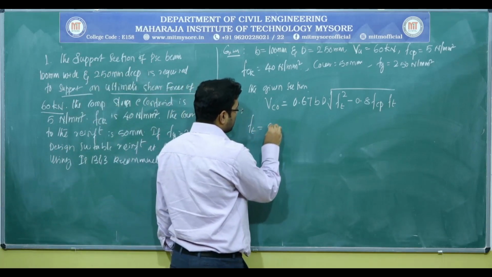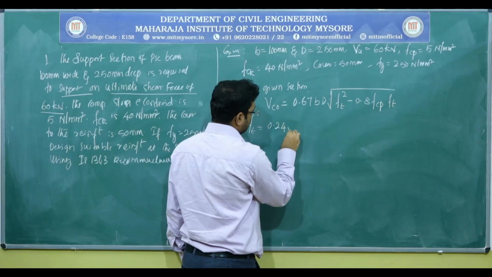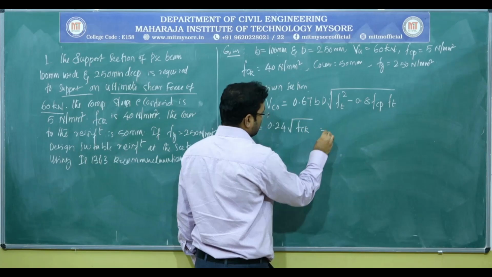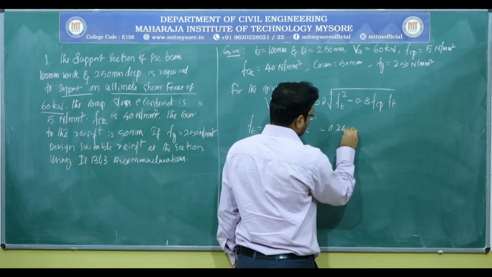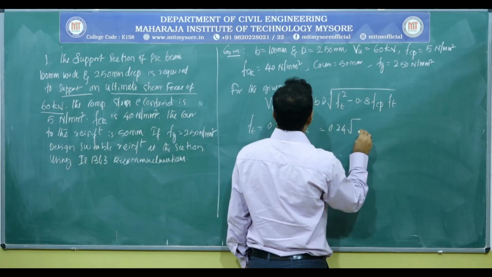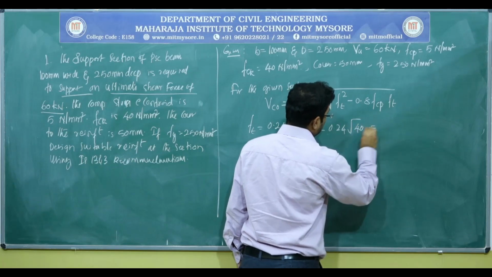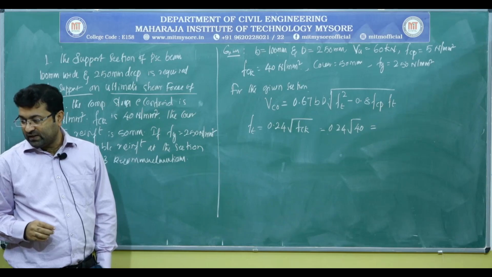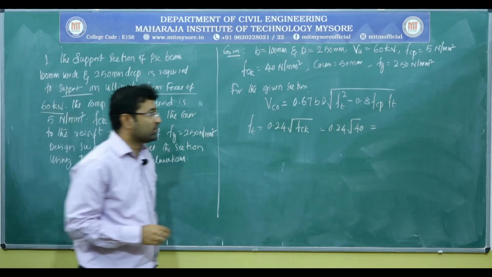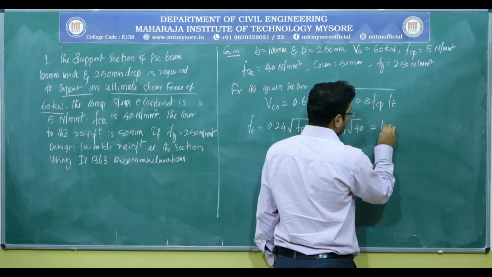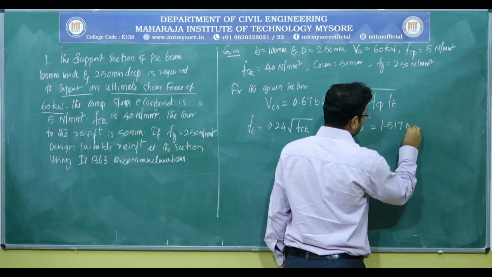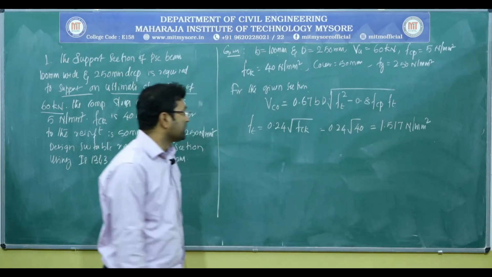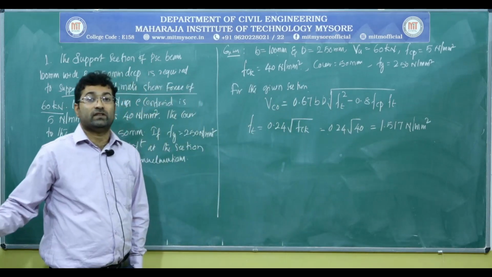So Ft is equal to, we all know, 0.24 times the under root of FCK. So 0.24 into under root of 40 newtons per millimeter square. So we get Ft as 1.517 newtons per millimeter square as the tensile strength of the concrete.